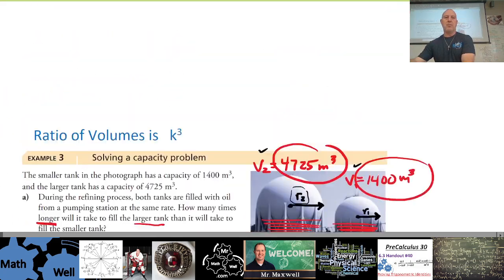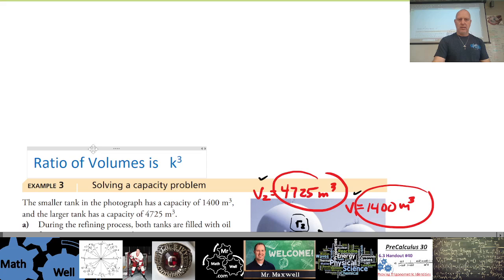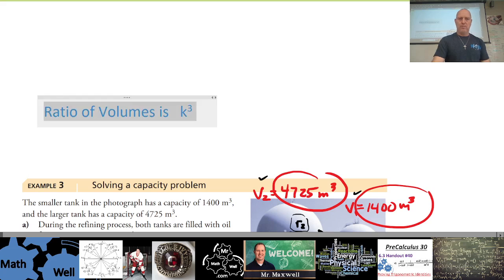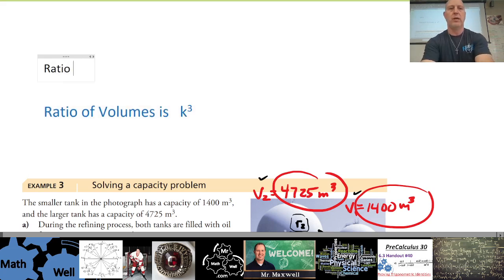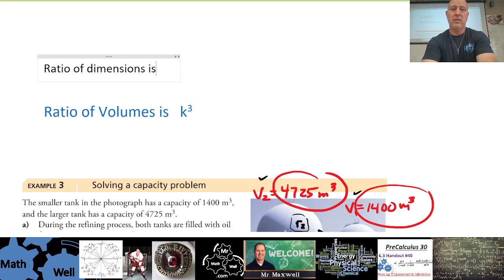So please just remember, and I'm going to add to this little note here. The ratio of dimensions is the scale factor, or your k unit there, and then the ratio of areas is k squared.